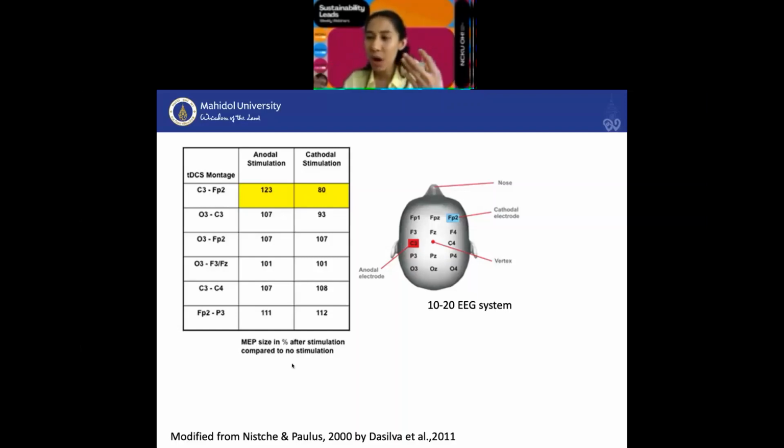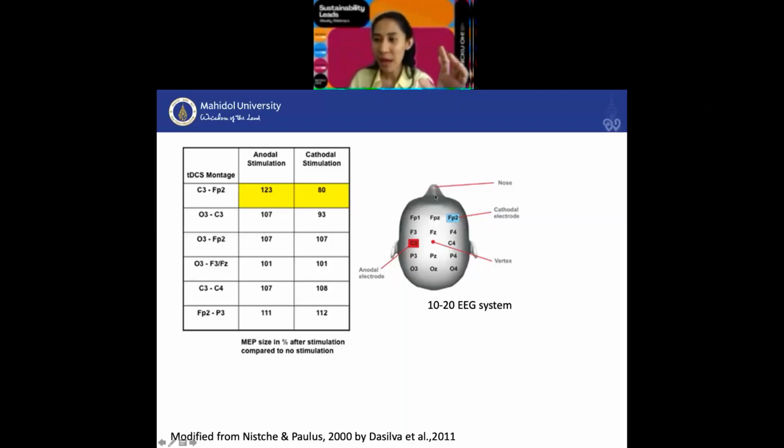The primary motor cortex is located close to C3 and C4 here. At that time, they would like to change the motor cortex excitability, so they tried to put two electrodes around the cortex to see which one is better. All right.